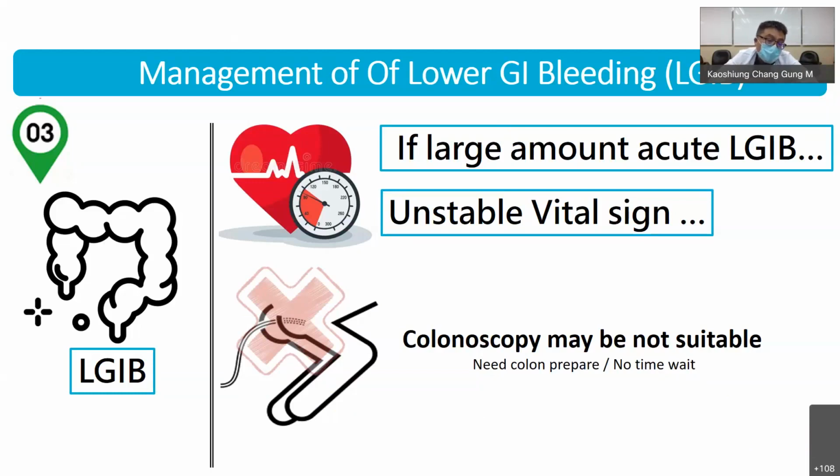But if patients have large bleeding without good preparation, we cannot see anything when we do the colonoscopy. If we want a high quality colonoscopy, even in patients with acute bleeding, we need to do the colon preparation with laxative agents. So if patients have an emergency condition, colonoscopy is not a suitable tool.